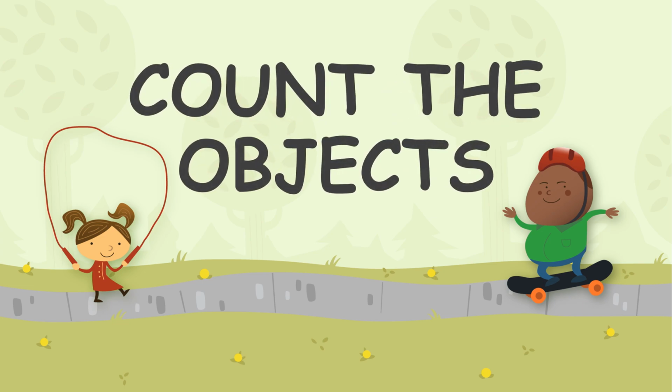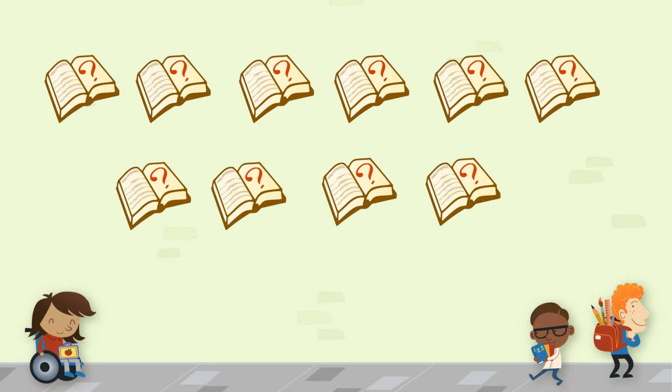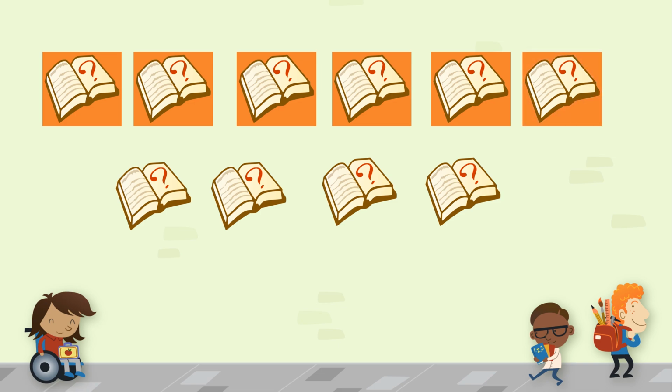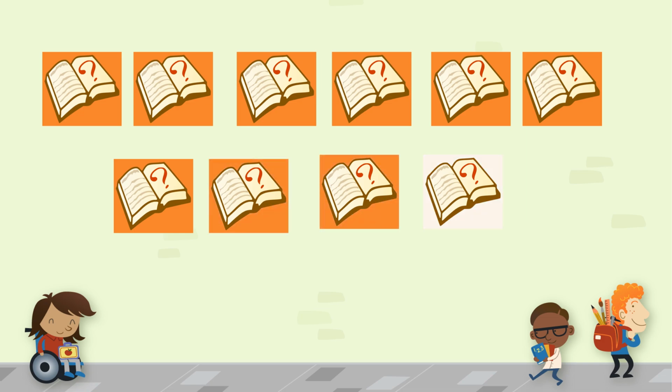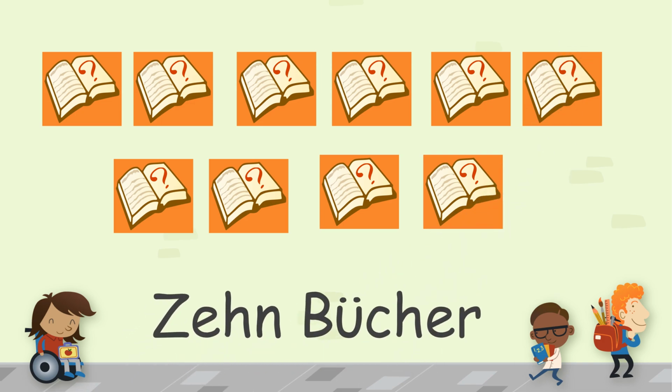Let's count the objects. Let's count the Bücher. 1, 2, 3, 4, 5, 6, 7, 8, 9, 10. 10 Bücher.